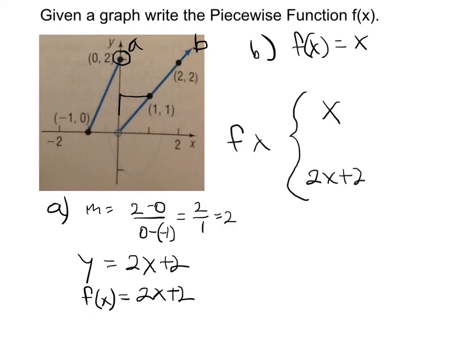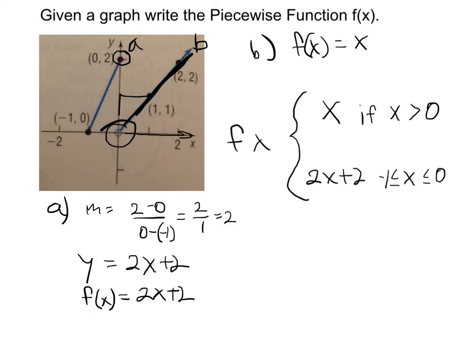But to me it only looks like this happens over here. This graph only happens when x is greater than 0. Whereas here, this is basically x less than or equal to 0, but greater than or equal to negative 1.